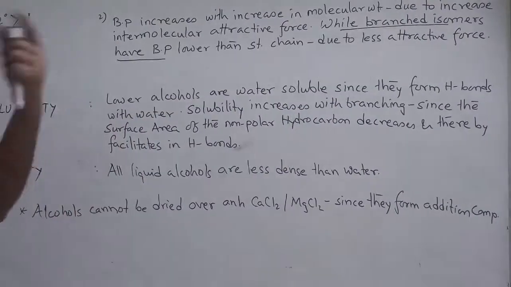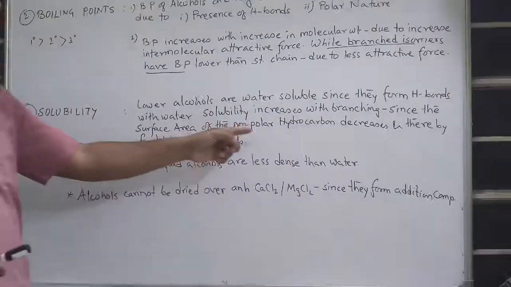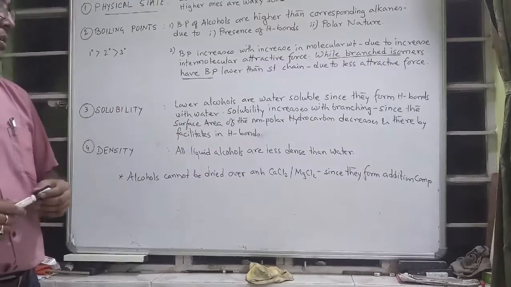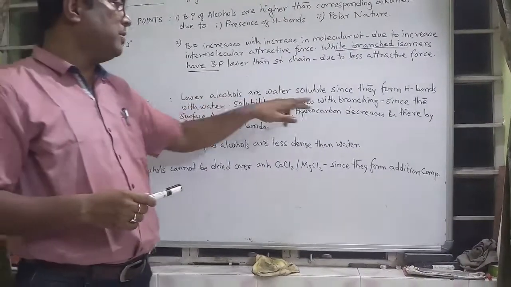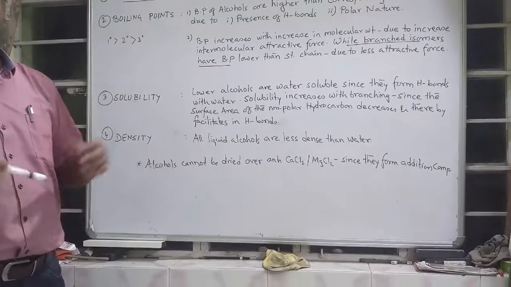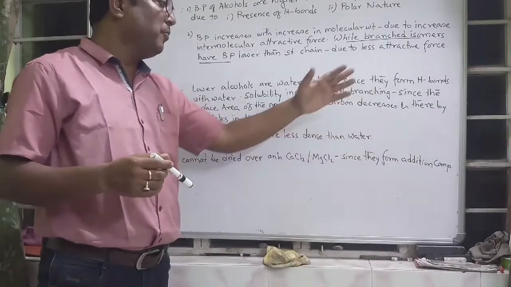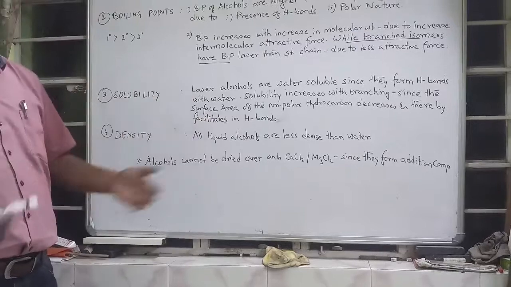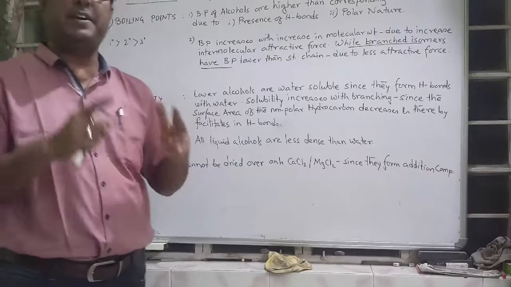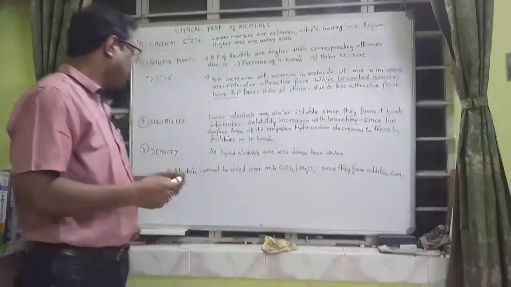With more branching, the solubility will increase since the surface area of the nonpolar hydrocarbon decreases and thereby facilitates hydrogen bonds. And I am telling you students, the more the hydrogen bonds, the more the solubility in water.